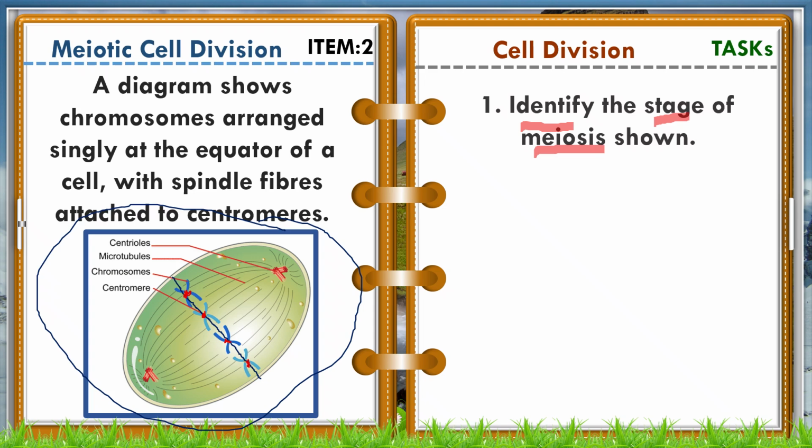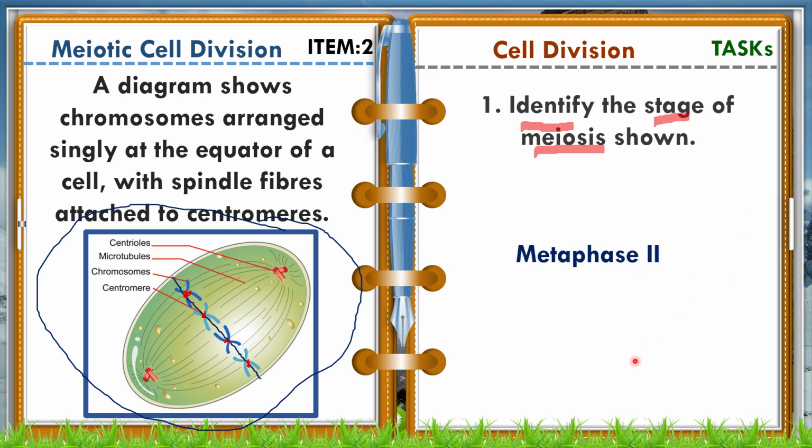So which stage is this one shown here, where the chromosomes align themselves singly at the equator and each one is attached on its own spindle? That stage is referred to as metaphase 2.